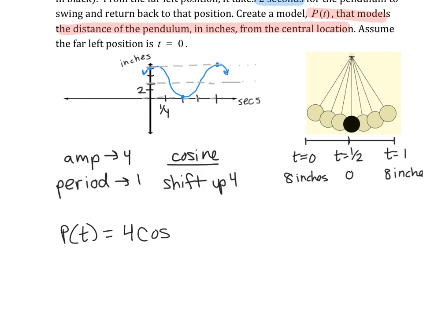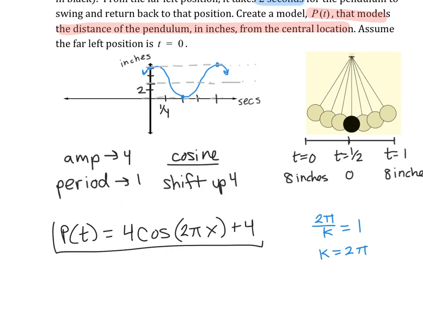We're choosing to use cosine. The way that we would turn our period into 1, so again, if you need to, you can set up this little equation, right? So we know that k equals 2 pi. So we have to multiply our x value by 2 pi, and then we do need to shift our graph up 4. So this is one way we can make this function.